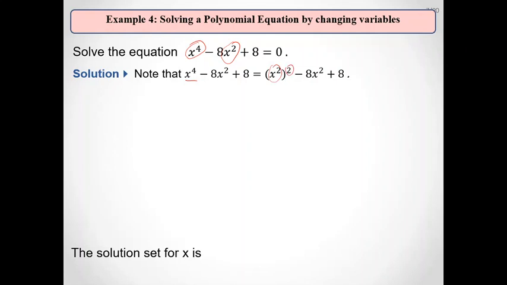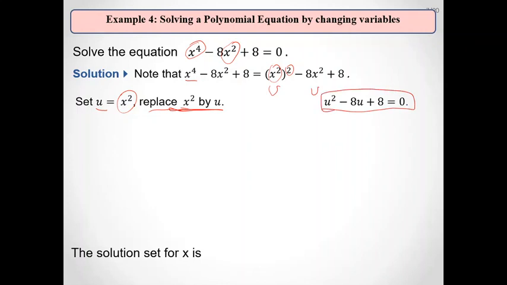So in this case, it's better we replace x squared by u. What's the reason for this? The reason is when you put u here, you will get a quadratic equation that looks easy. Let's say it looks familiar.